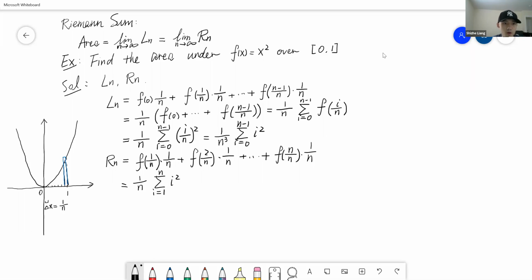So what about the limits? The limit as n goes to infinity of Ln is equal to what? It is equal to the limit as n goes to infinity of 1 over n cubed times the sum from i equals 0 to n minus 1 of i squared.